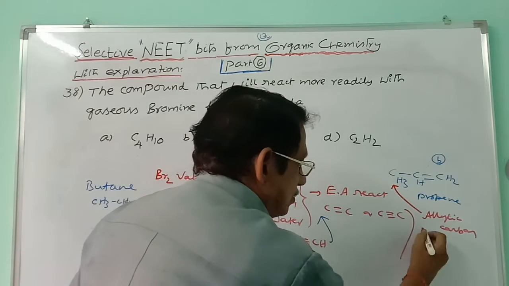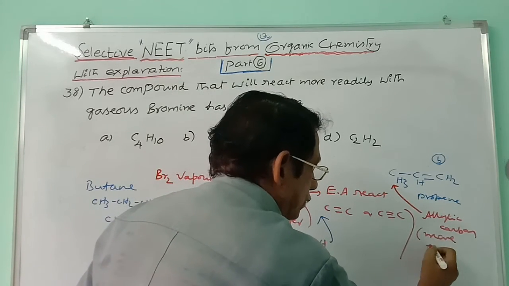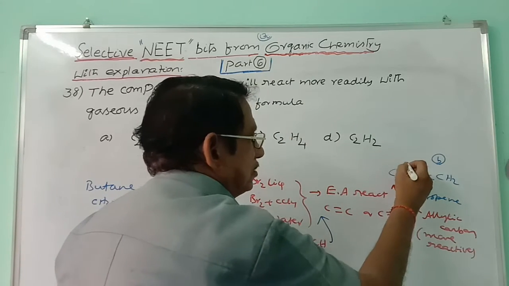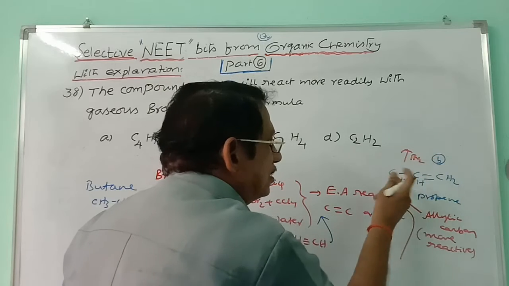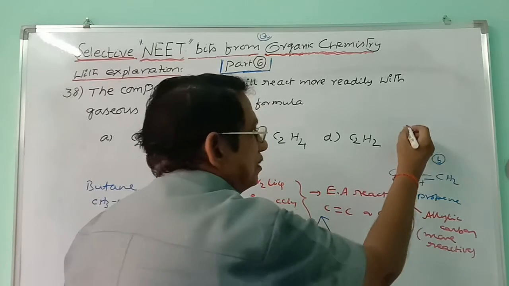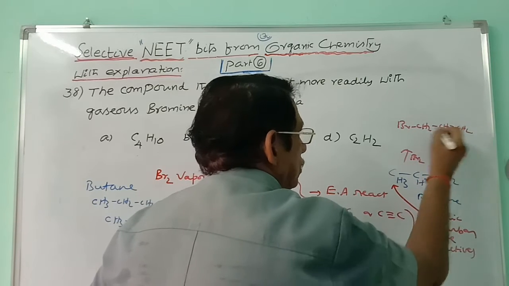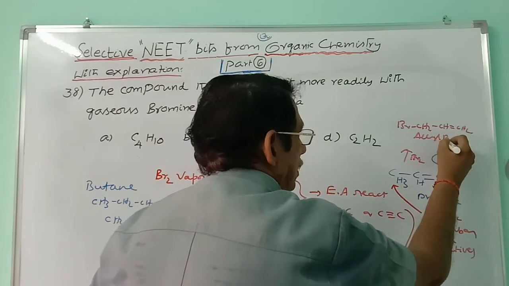Allylic carbon is more reactive. This is the fundamental point here. So here this will be undergoing halogenation easily at the allylic carbon. So you will get here Br, CH2, CH double bond CH2, which is called allyl bromide.